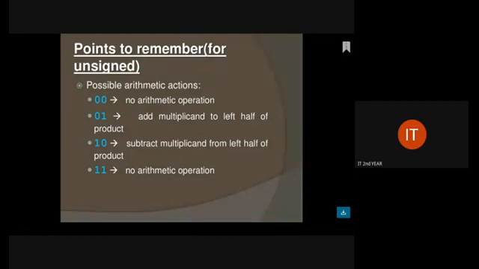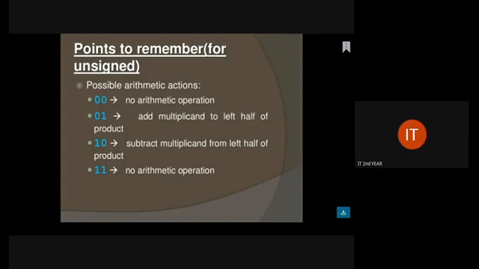In the cases 00 and 11, we don't perform any kind of arithmetic operation.